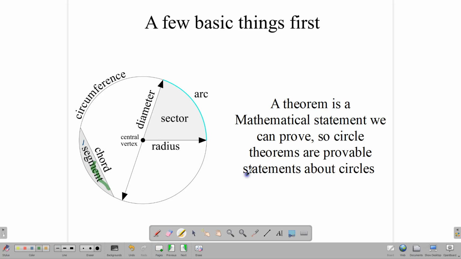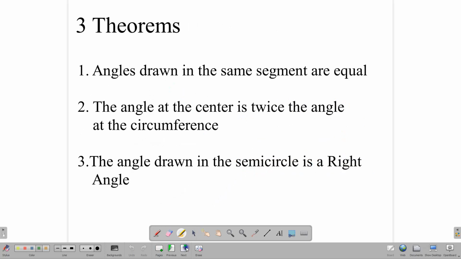All right, now that that is out of the way, we are going to be looking at three basic theorems. First one is that angles drawn in the same segment of a circle are equal, keeping them very simple here. The angle at the center is twice the angle at the circumference, and the angle drawn in the semicircle is a right angle.